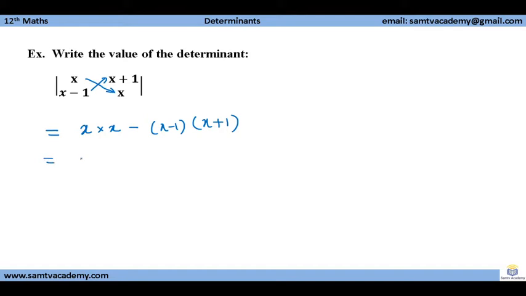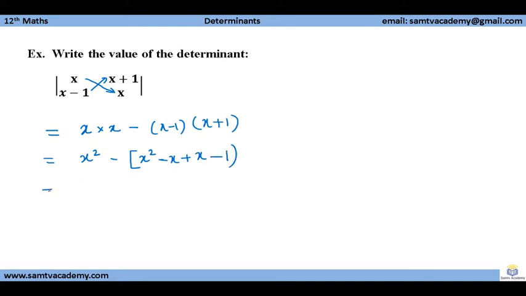So it will come x square minus, we will solve this, x square minus x, then it is plus x and minus 1.